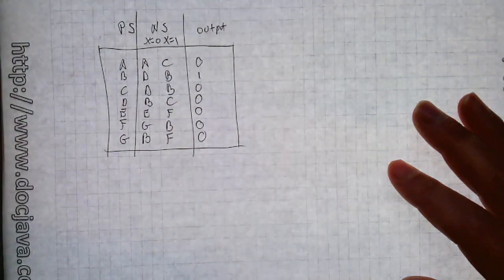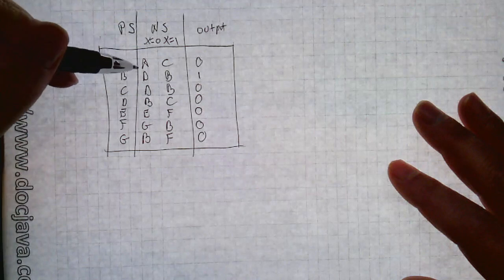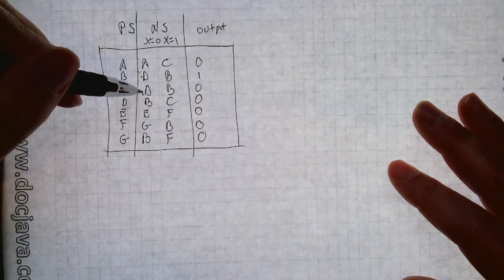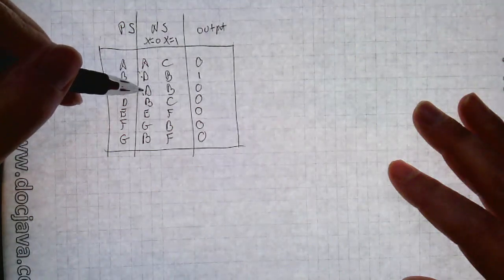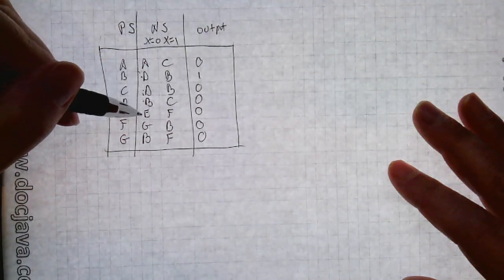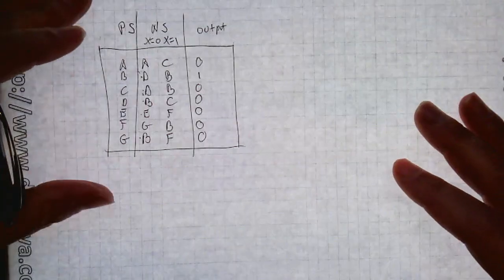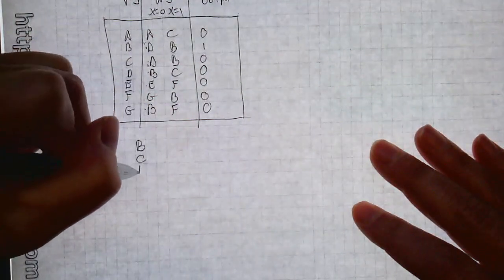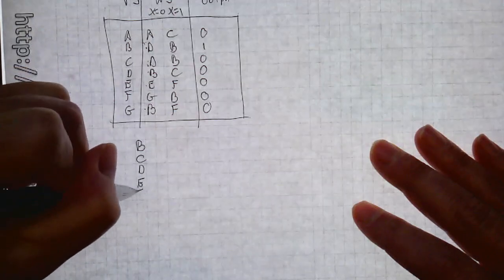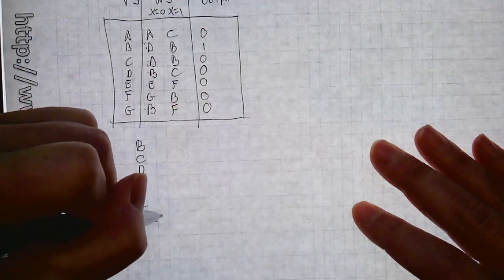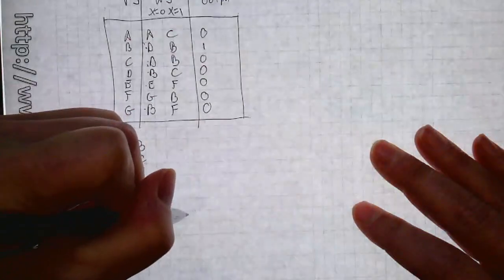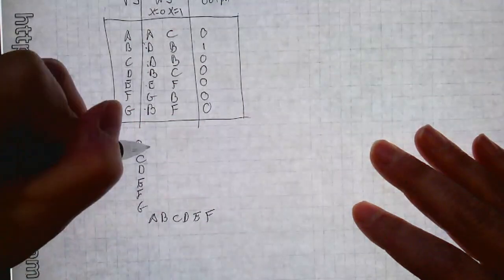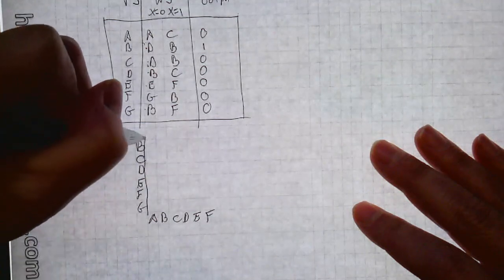So let's try our row minimization first. Rows B and C have different outputs, so they don't work. I don't see any obvious row minimizations, so now we'll go to the implicant table. B, C, D, E, F, G, across A, B, C, D, E, F, and let's draw the table out.